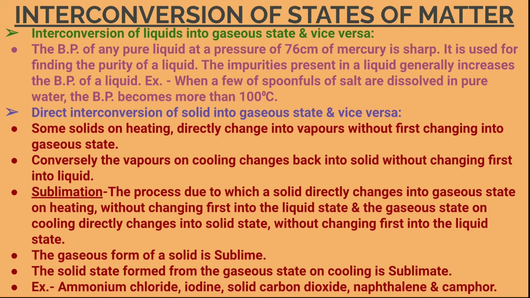So sublimation is a process due to which a solid directly changes into gaseous state on heating without changing first into liquid state, and the gas on cooling directly changes into solid state without becoming liquid. The gaseous form of the solid is known as sublime, and the solid state obtained from the gaseous state on cooling is known as sublimate. For example, ammonium chloride, iodine, solid carbon dioxide, naphthalene, camphor all convert to their gaseous state by sublimation.